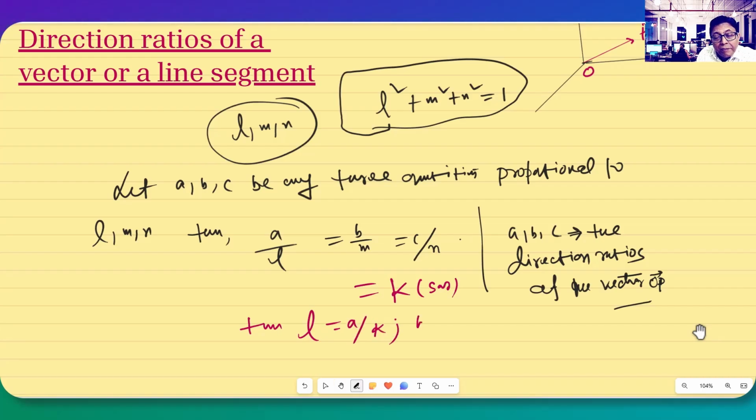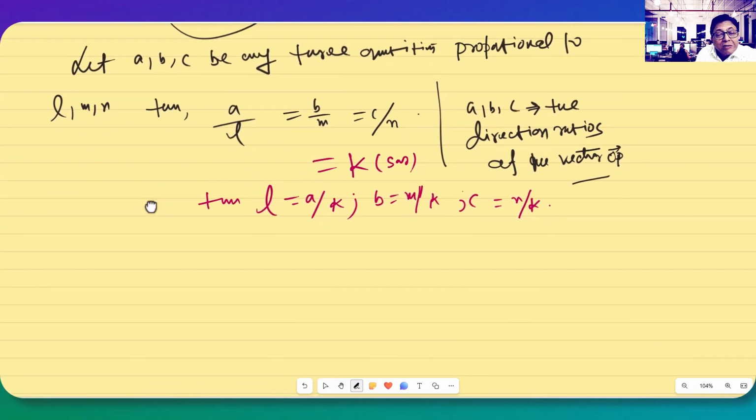L is A by K. M is B by K. And N is C by K.